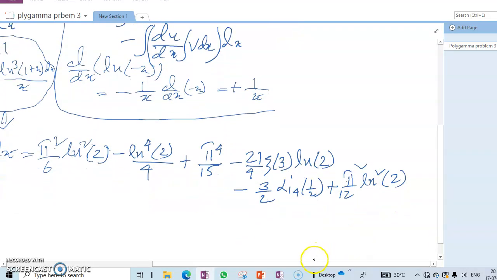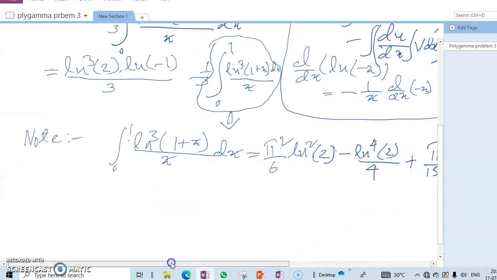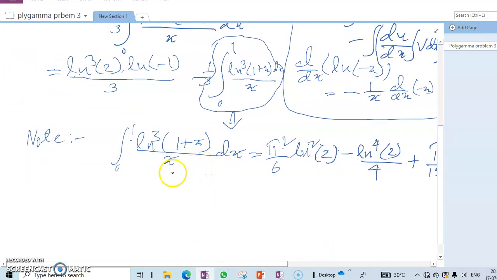Okay, so friends, this is the value of the integral of ln cube(1 plus x) divided by x.